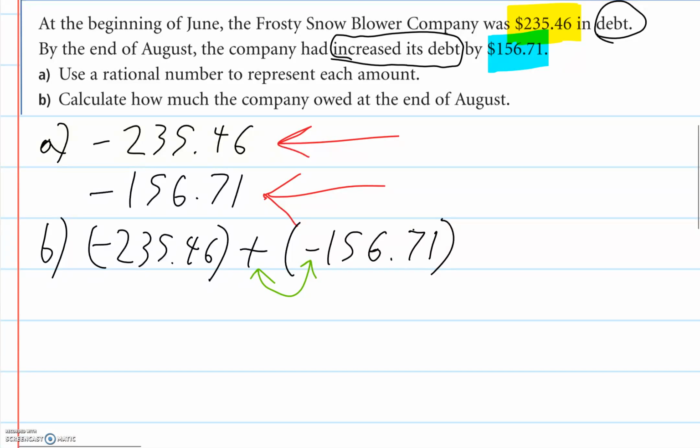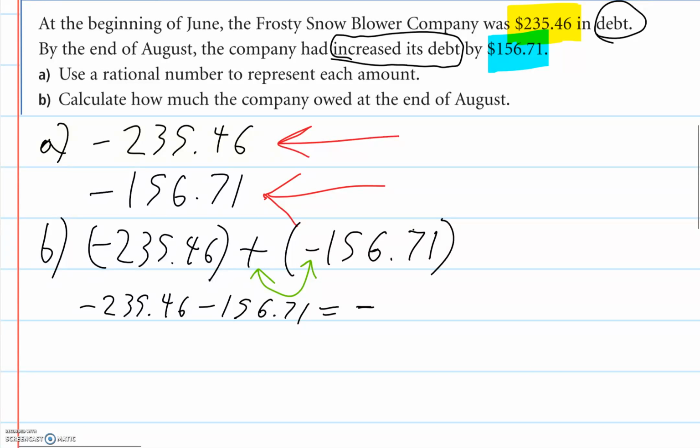To write it more simply, I could write it like this: negative 235.46 minus 156.71. Might be more simple for you, might not be. Hopefully from this we can see that they're both negative, so we just need to add the numbers and have a negative in front.